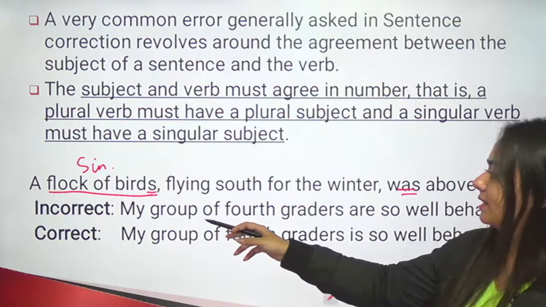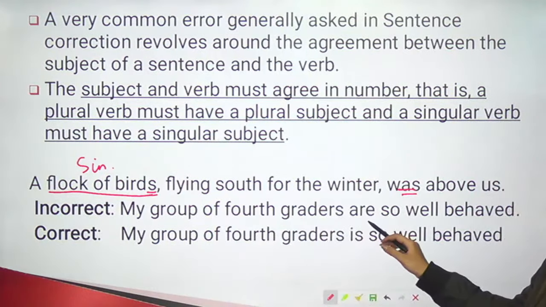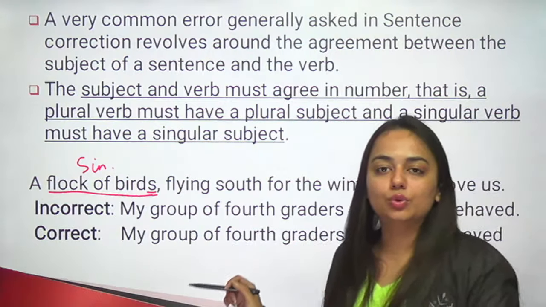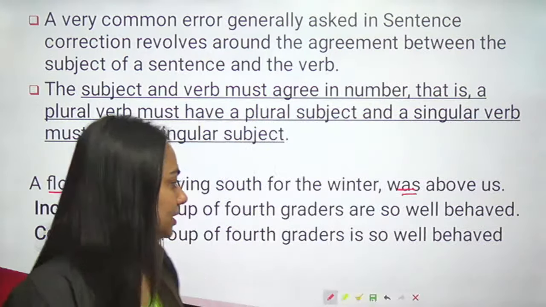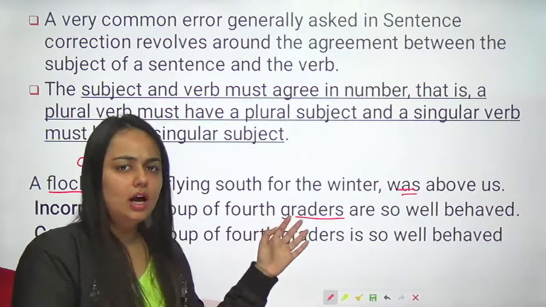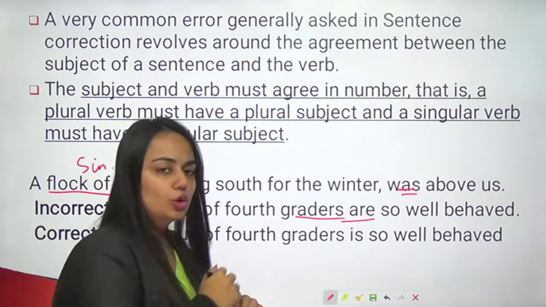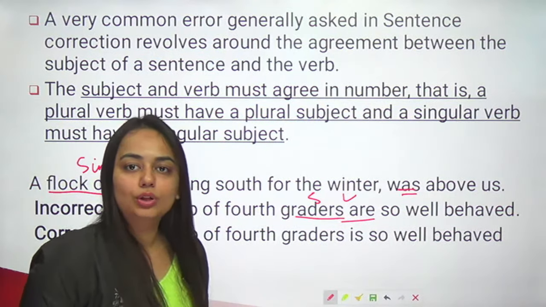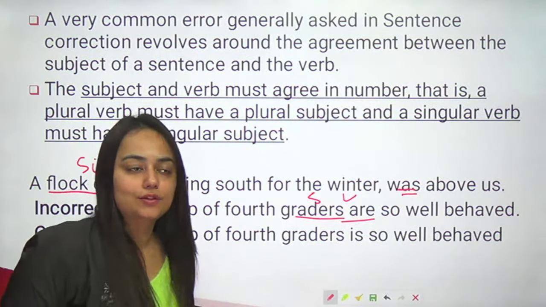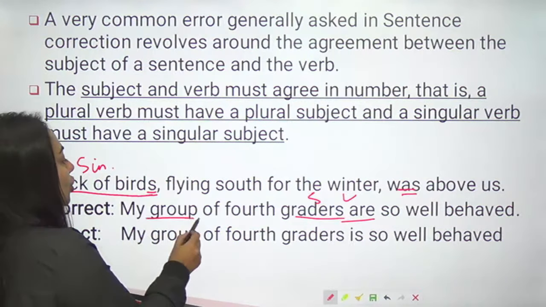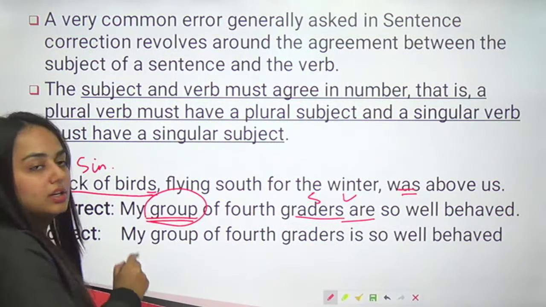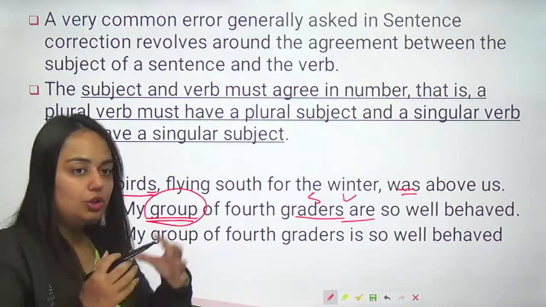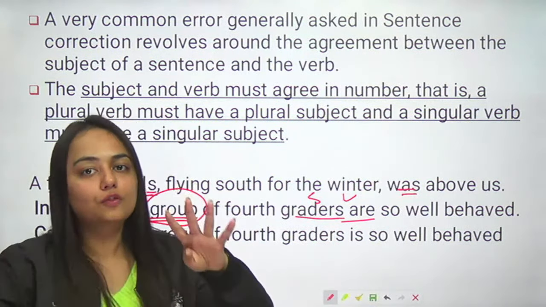Moving on with the next example, my group of 4th graders are so well behaved. Now what will you do? What point you will miss out here is, you will see graders, that yeah, it's plural. Are is also plural, so the subject and the verb are in agreement. But no, that's not right. Read it carefully. See, my group is the subject here. This is how you identify. We are talking about the group of the 4th graders.